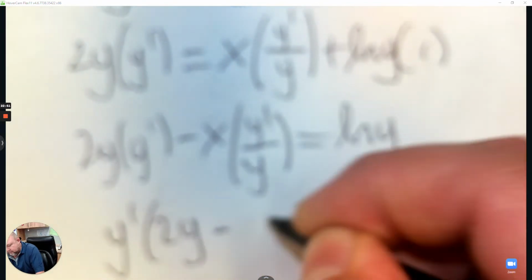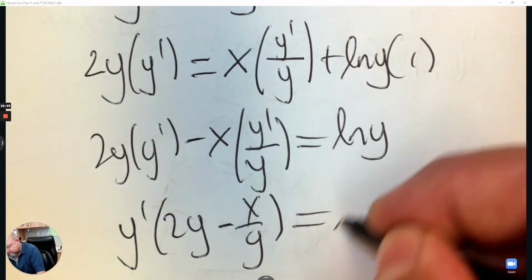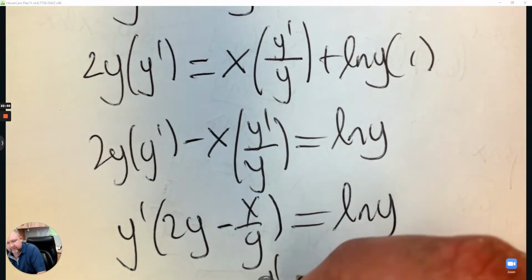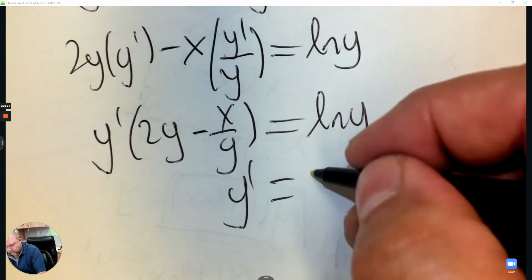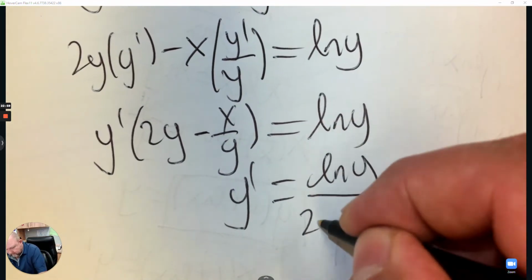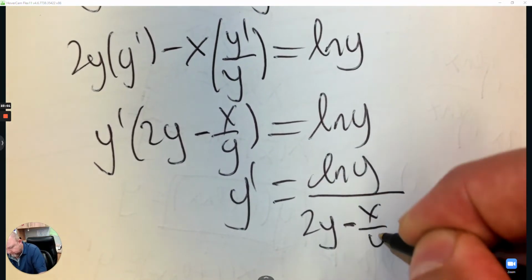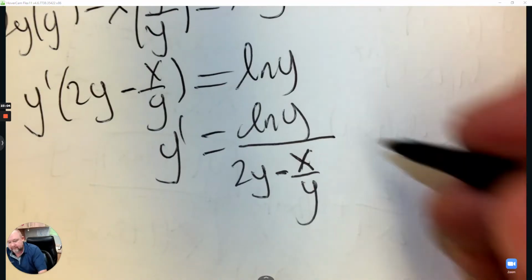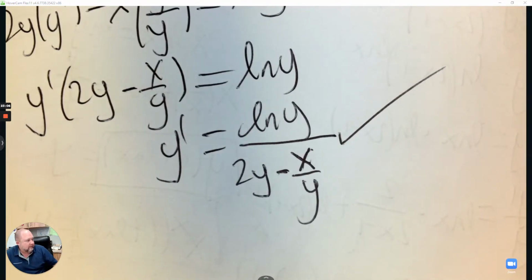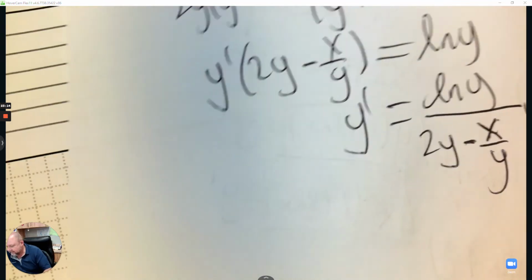That's 2y subtract x over y. And then divide. Doesn't have to look that pretty. So that looks pretty enough to me. Done. 37.